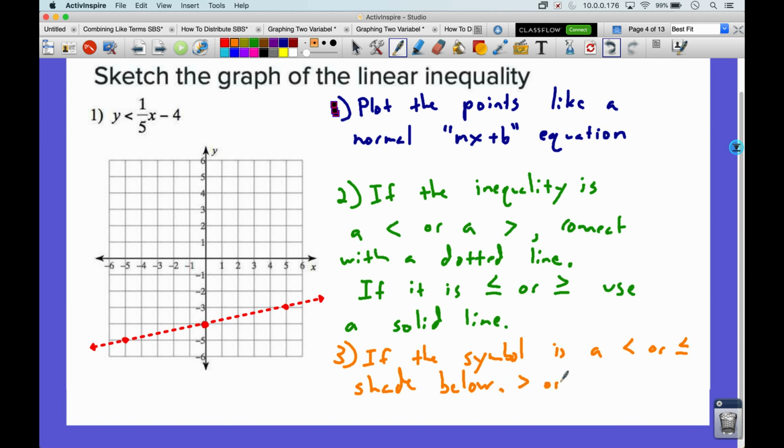Greater than or equal to, shade above. So now we're going to actually shade where all of the ordered pairs are that would make this inequality true. So this is a less than, so I'm going to shade below. So you can just do this with your pencil, just kind of lightly.